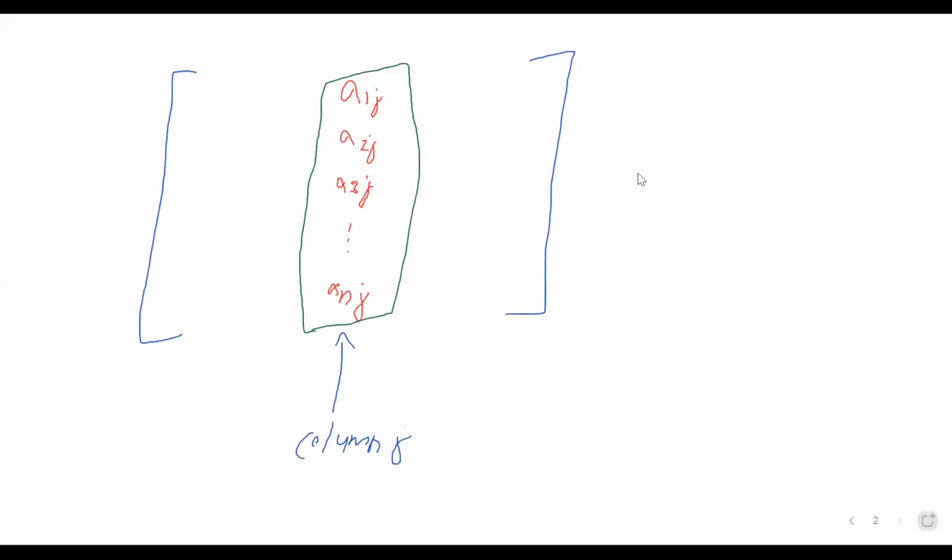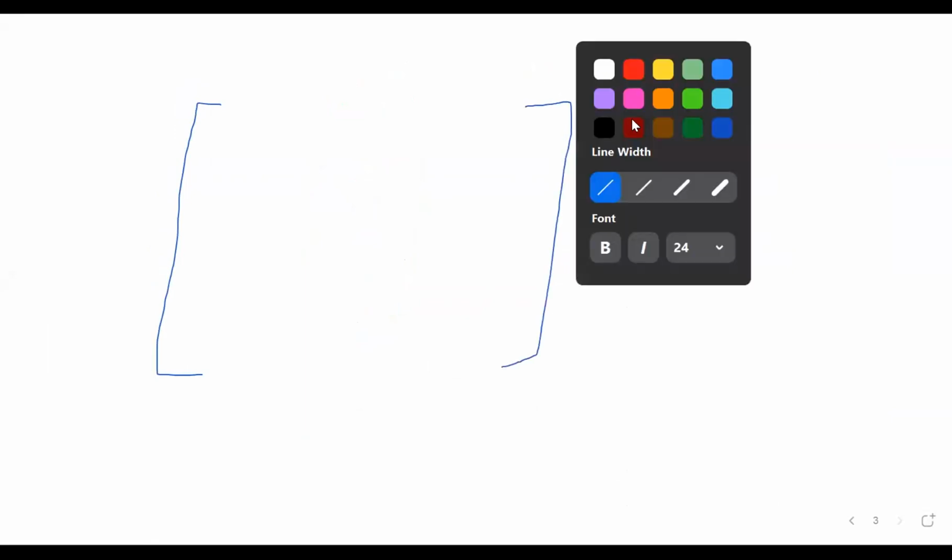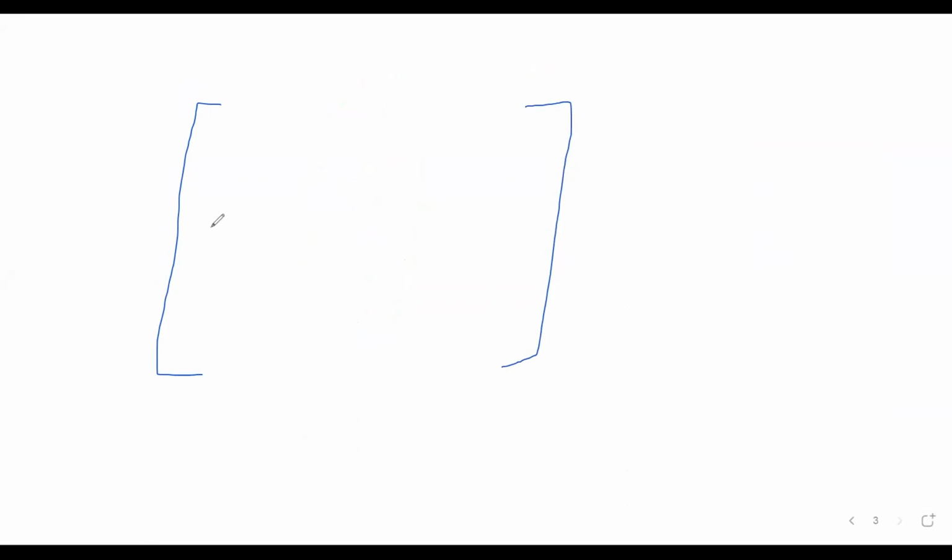This is column J. And now if you look at row I, if you have a matrix and you look at the ith row, this is the ith row. Now for the ith row, you have the entry in the first column, so it's AI1.